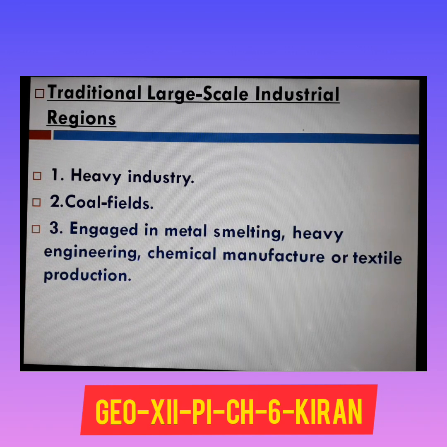Third characteristic is the traditional industrial regions were involved in metal smelting, heavy engineering, chemical manufacture or textile production. Most of the industries were smoke stack industries, meaning that they were emitting large quantities of smoke in the atmosphere. It means they were polluting more.